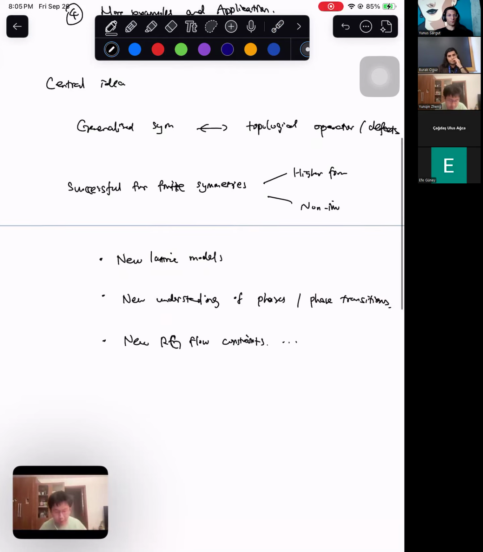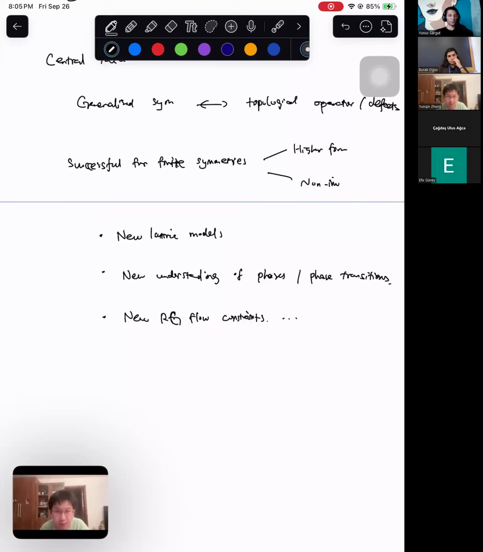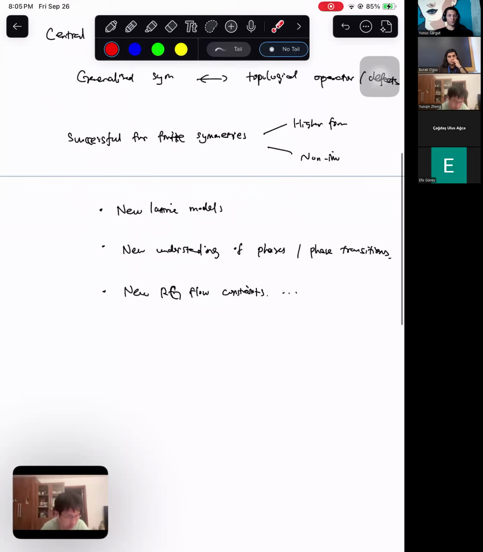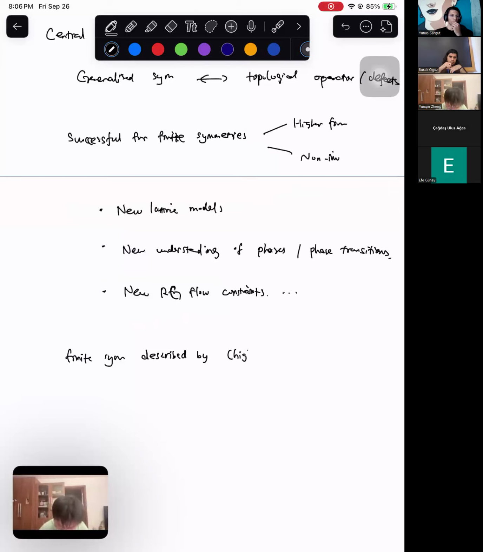One of the reasons that the generalization in the case of finite symmetry is very successful is that there is a solid, or relatively solid, underlying mathematical framework, a mathematical foundation for these symmetries, which is that these finite symmetries are described by fusion categories.